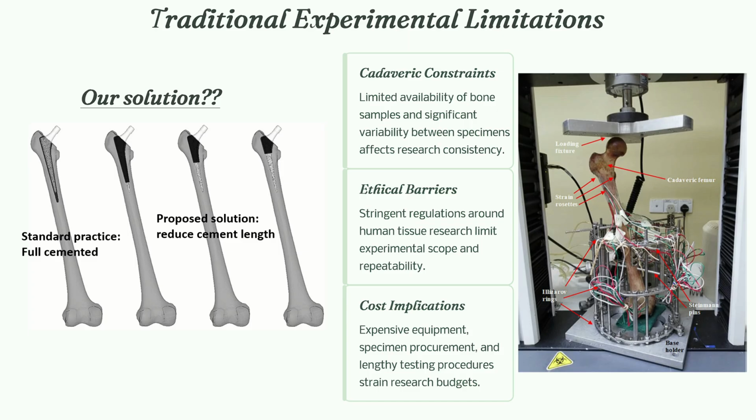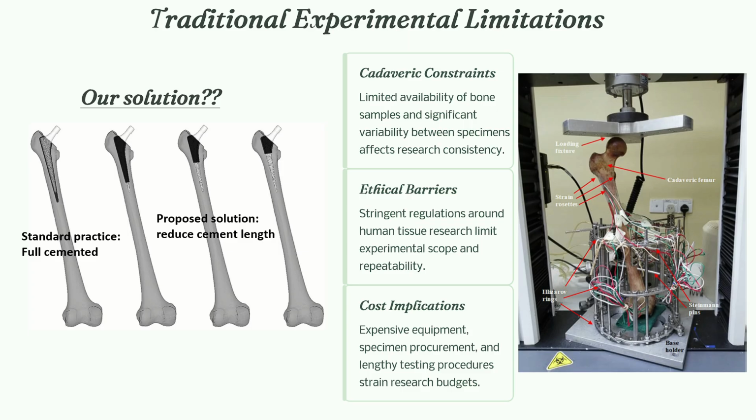But if we use an experimental approach, we at least need four cadaveric femurs for testing, because we have four samples here. The first one is the full cemented model, and then we reduce a little cement length at the bottom, and then another length. So we need at least four femurs to conduct the experiment. This is not very practical, right?